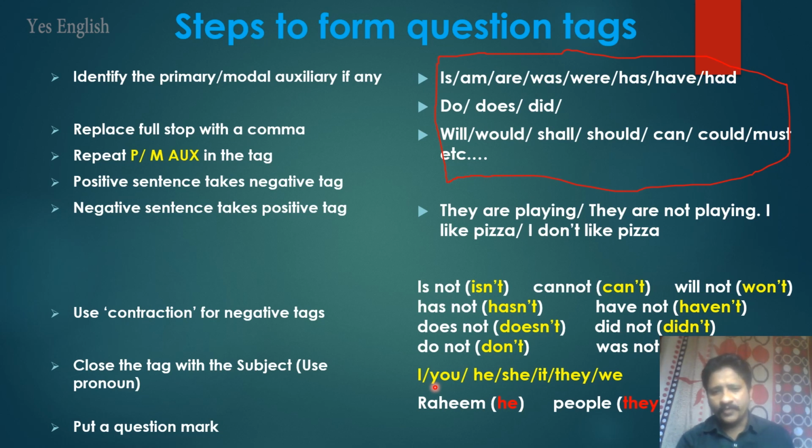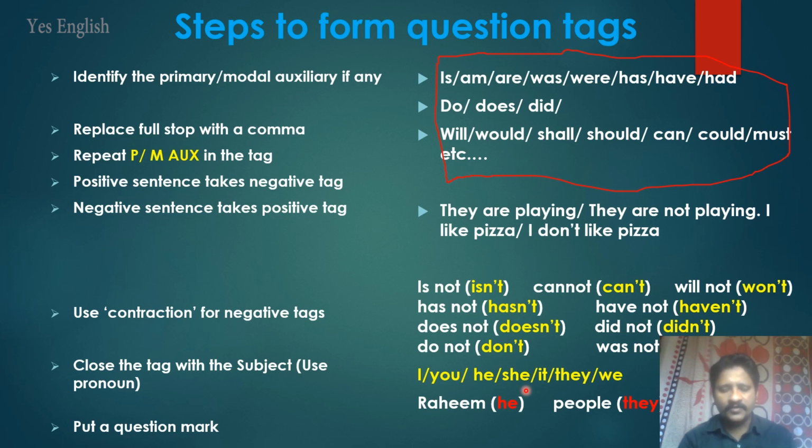Okay, so proper nouns should be replaced with pronouns in the tag, like I, you, he, she, it, they, we. These are the pronouns which can be used instead of a proper noun.